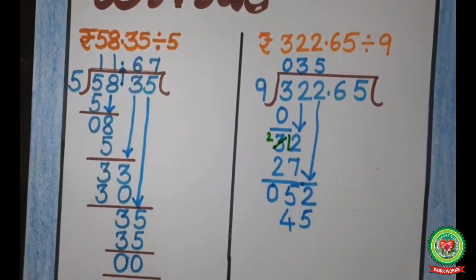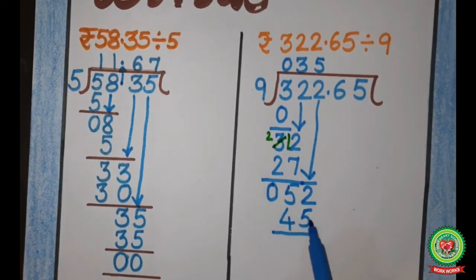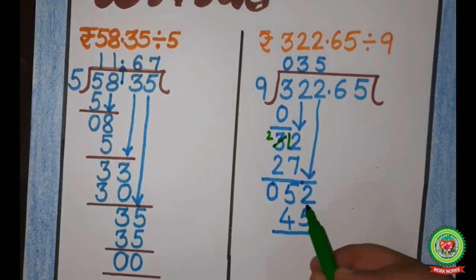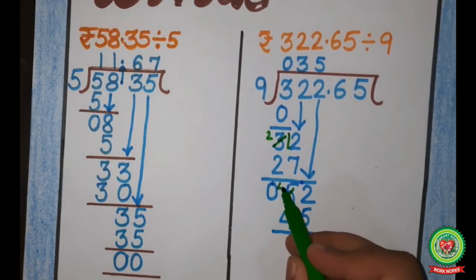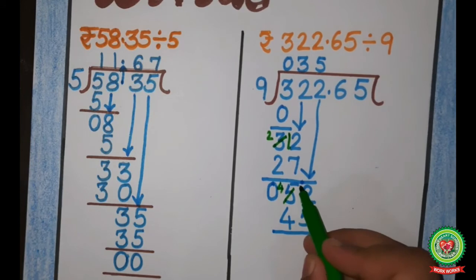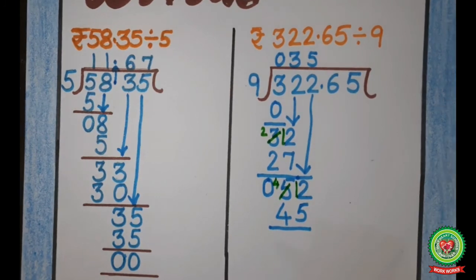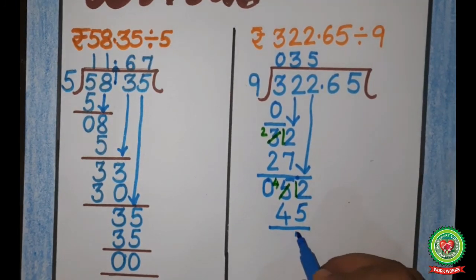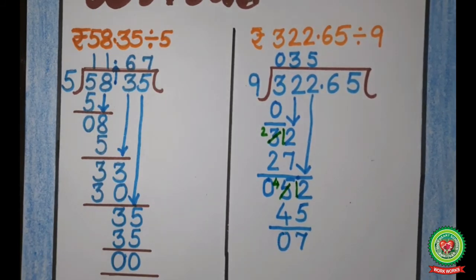Next step is minus. Again, can I subtract 5 from 2? No. Then that means 2 will borrow from 5. 5 will become 4 and 2 will become 12. 12 minus 5 is 7. 4 minus 4 is 0.